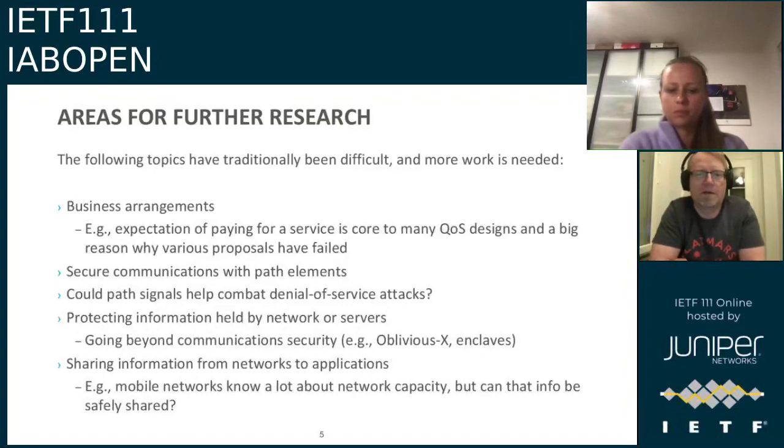And one idea that we did talk about a little bit, Ted had been working on something in this space, and maybe he wants to talk about it later in the comments, but you could perhaps do some throttling of flows related to denial of service attacks, for instance, if we had the necessary path signals for that. Hand waving a little bit here.